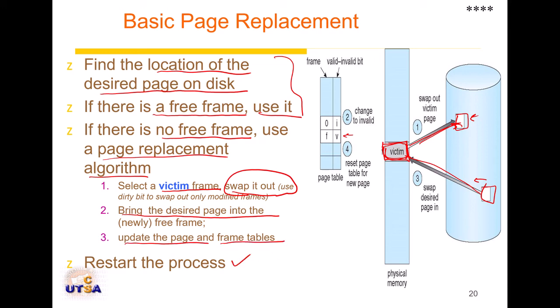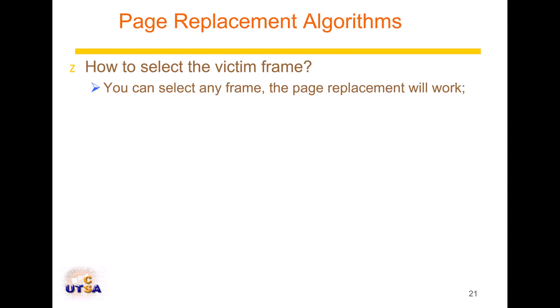So it doesn't matter which page or frame is selected as the victim frame, this algorithm will work fine. What is the problem here is how you select the victim frame, because that may impact the performance significantly, and that's why researchers are investigating different algorithms, and we will see some of them and try to understand what's the idea behind those algorithms and which one may result in better performance.